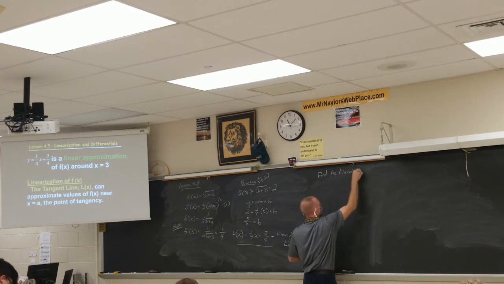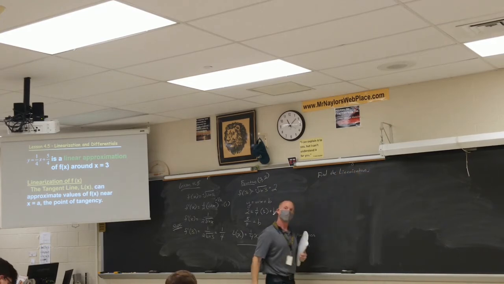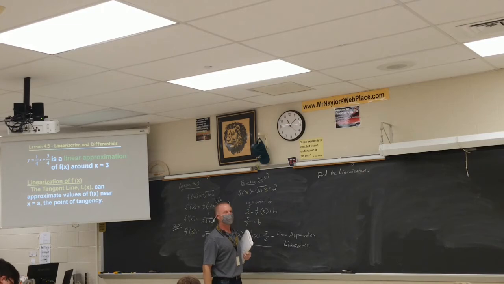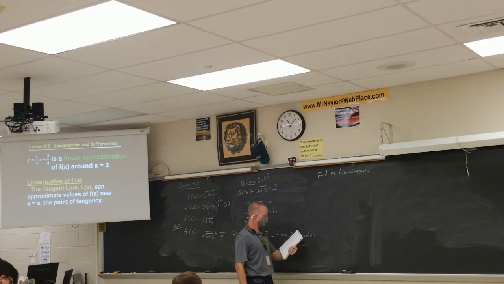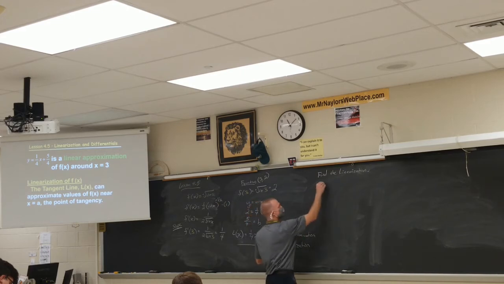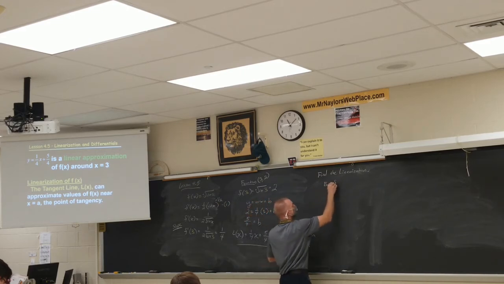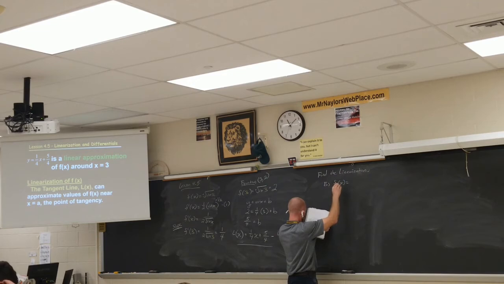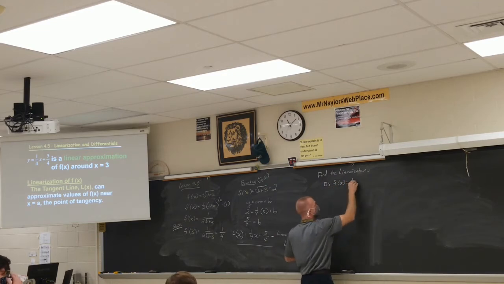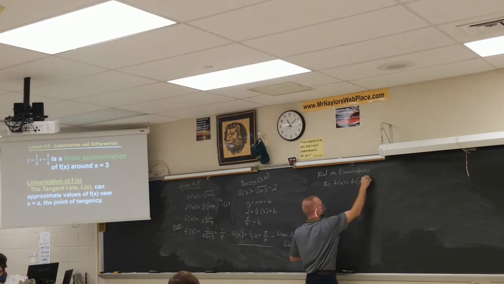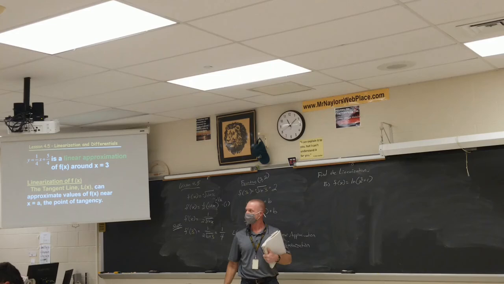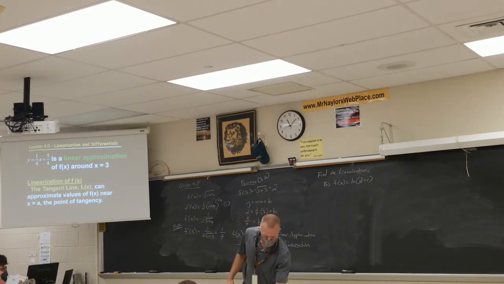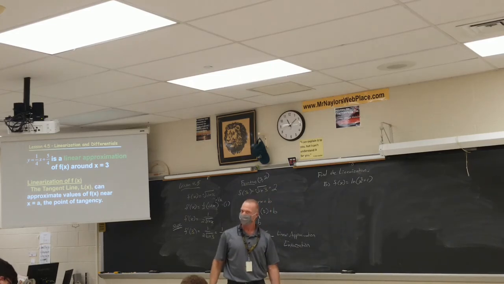When you see the language, find the linearization, you say, okay, I'm finding that tangent line, and I would have to give you a function. A lot of times we'll do a function that is not linear. I mean, that would make sense. We're going to do a function that's kind of fancy. So the ln of x squared plus 1.